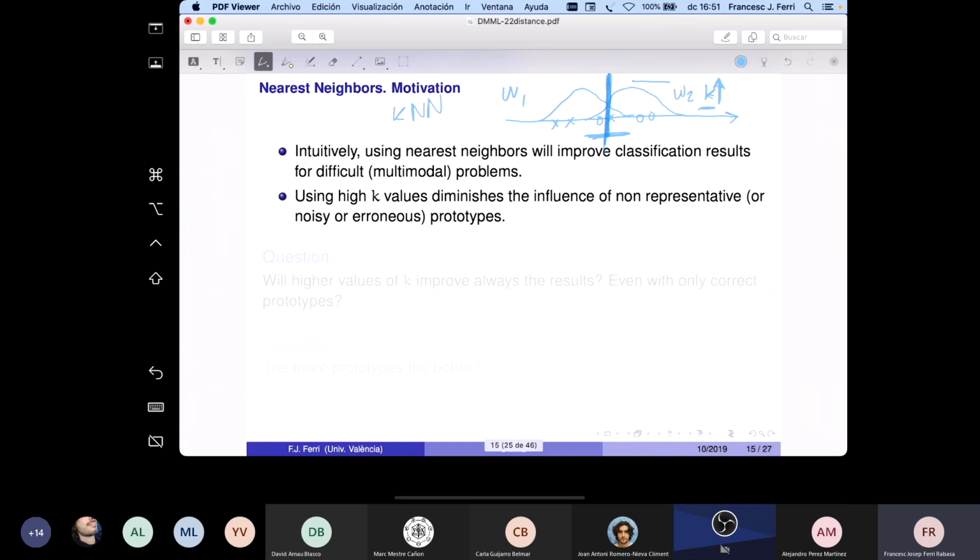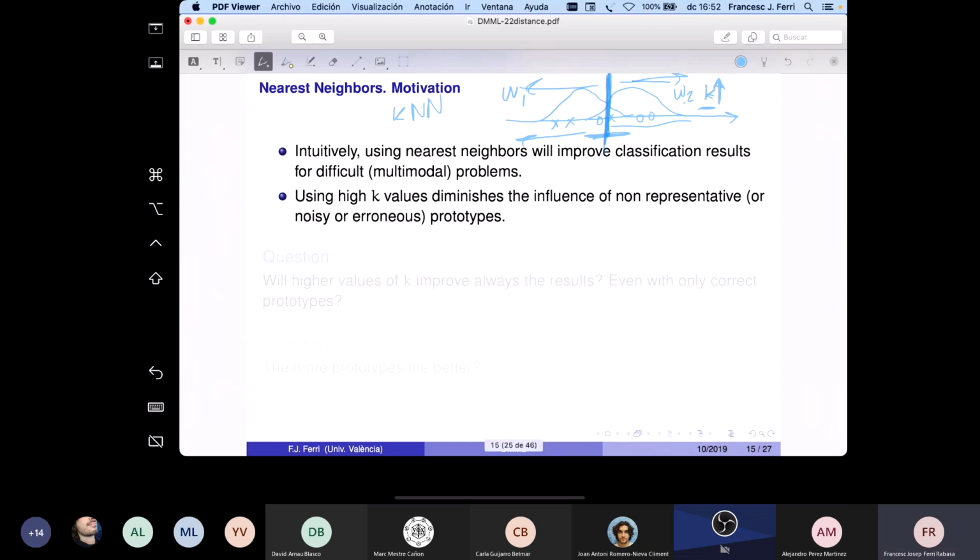Because of the posterior probability corresponding to the optimal classifier. I don't know what this probability is, but if my set is representative, then I should have more class 1 points at this region and more class 2 points at the other region. Just because of that, the votings will be won by this class on this side and by this class on this side. You understand that?